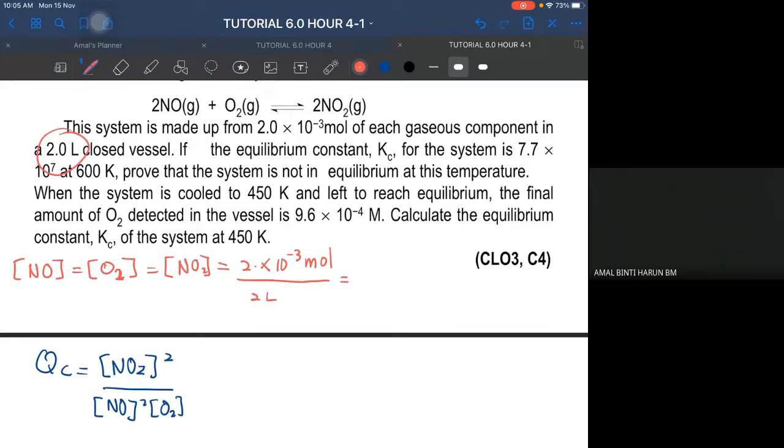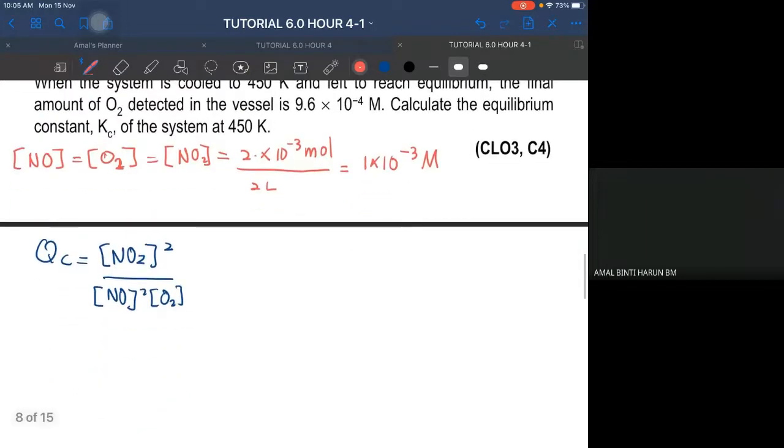So the concentration of each of the gases is 1 exponent negative 3 molar. So let's substitute into our Qc: 1 exponent negative 3 squared, bawah dia sama juga, 1 exponent negative 3. So the new Qc is 1 exponent negative 3.